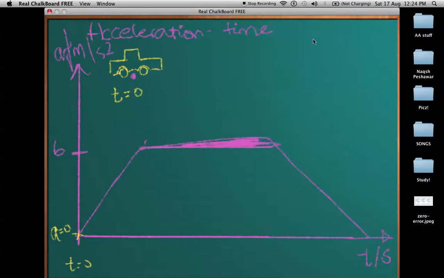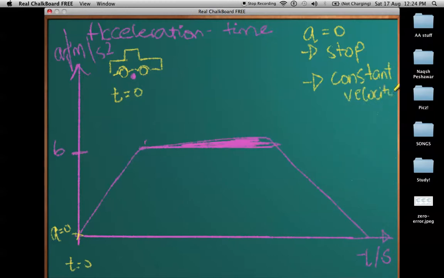There are two conditions for acceleration to be 0. One, the car might be at rest, or the car might have a constant velocity. So even for a constant velocity, the acceleration is 0.